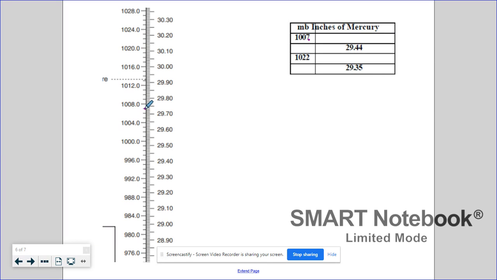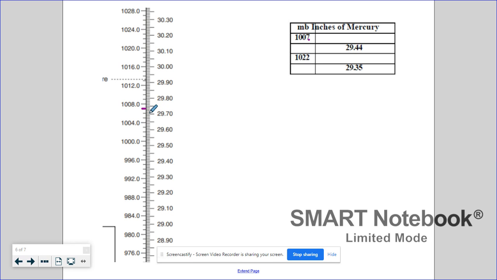For those of you who've had me in class, you know I like to draw lines. If I zoom in and look closely at this one, it looks like it's almost in between two, which is fine. They would accept either one or the other. So 29.70, and then I know that this would be 29.75.